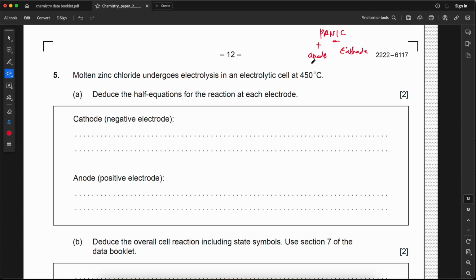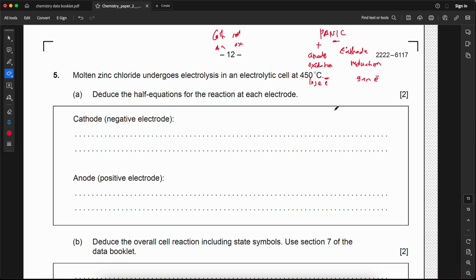Okay, anode always oxidation, cathode always reduction. Okay, cathode reduction and anode oxidation. Okay, oxidation always loses electrons, and reduction always gains electrons. Okay, so now I will just write down here.